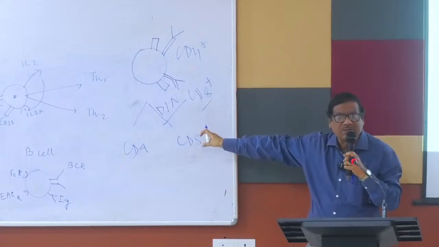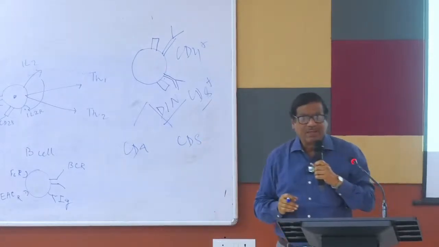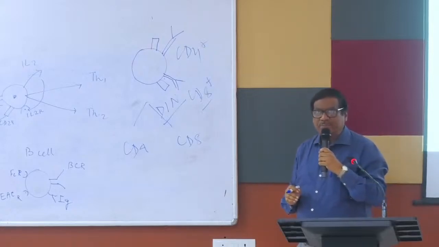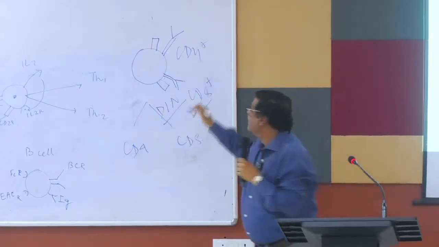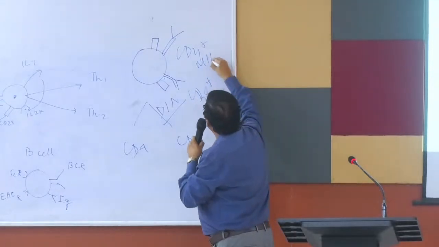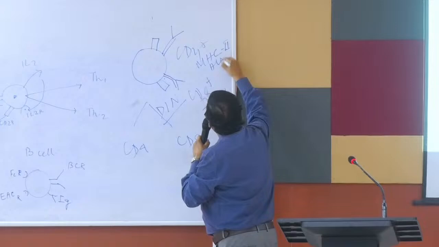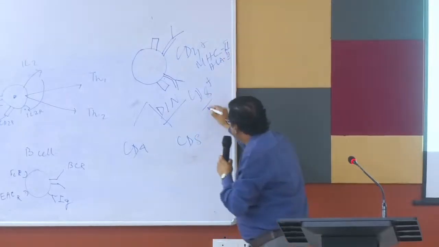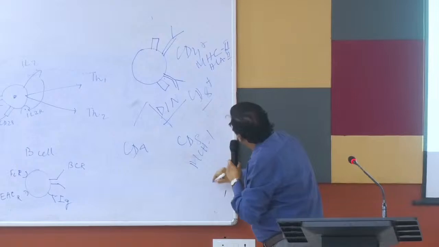CD4 and CD8 cells. Now with this CD4 and CD8, the CD4 can only recognize MHC2, that is HLA2, and the CD8 can only recognize MHC1 and HLA1.